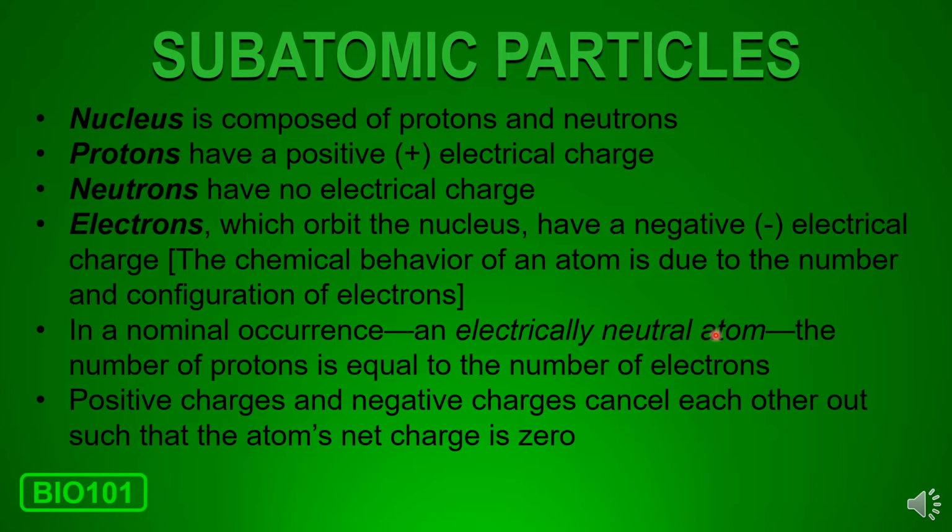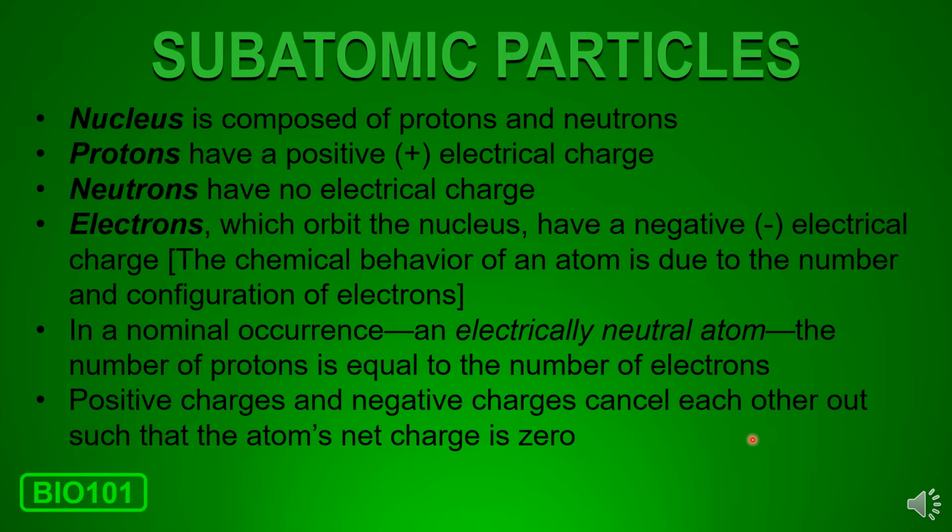And in the natural world, everything wants to be in balance or neutral. And so an electrically neutral atom has the same number of protons, positive charges, as the number of electrons, negative charges.